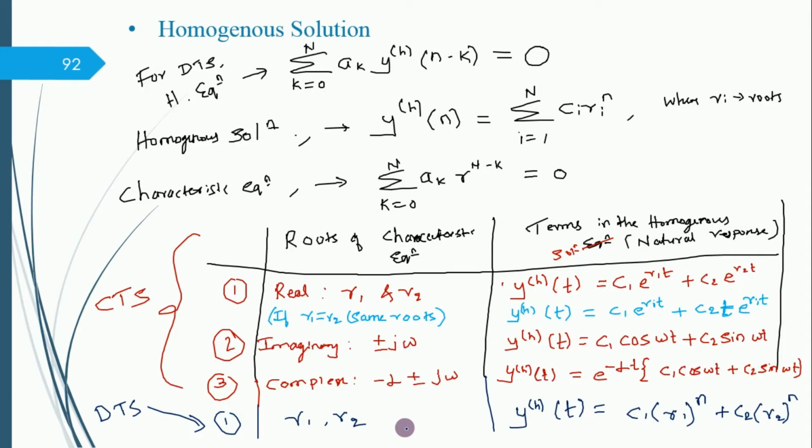So let us now take the very first problem. The question goes like this: determine the homogeneous solution for the system described by the following difference or differential equation. You need to determine the homogeneous solution. So what is given?